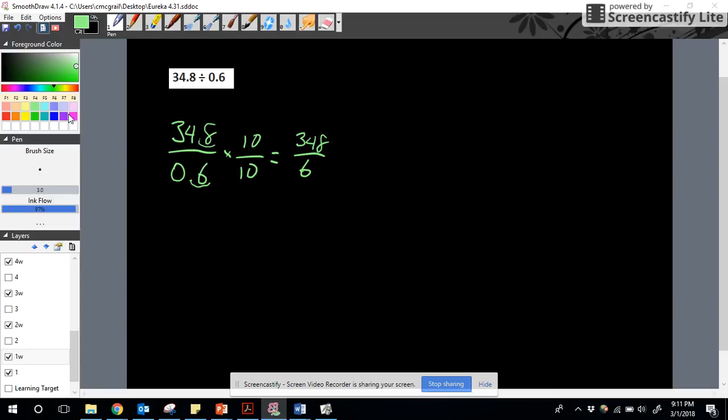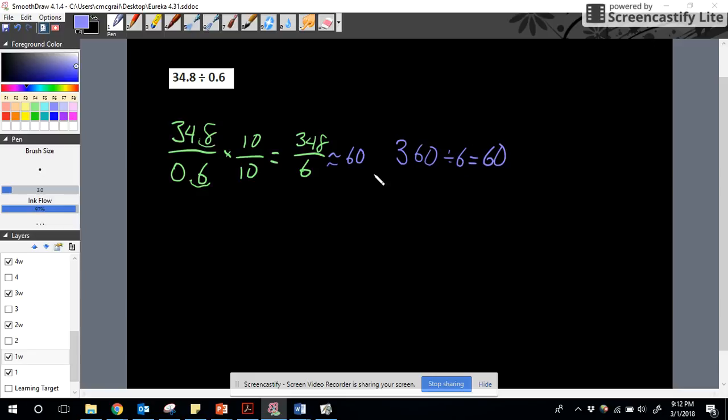So when I round and estimate, I'm going to round this number. I know that 6 can go into 36, so it can go into 360. So 360 divided by 6 equals, let's see, well, 36 divided by 6 is 6, but there's an extra place value, so it's going to be 60. So I hope that my answer is close to 60.